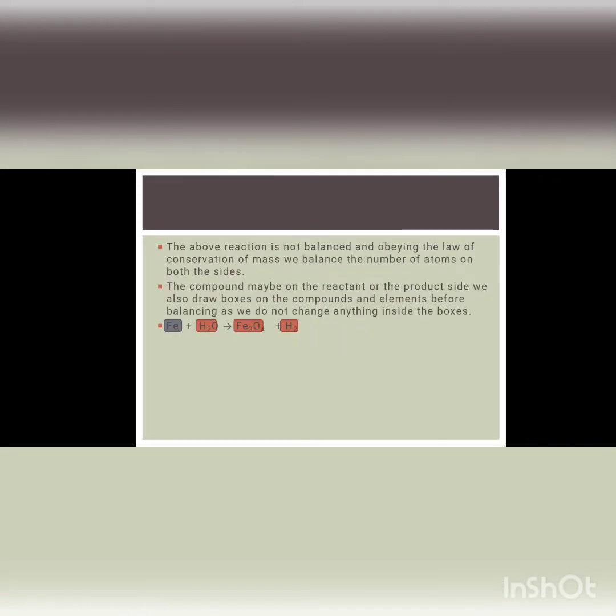The above reaction is not balanced, and since we have to obey the law of conservation of mass, we will balance it by the number of atoms on both sides. The compound may be on the reactant or the product side. What we will do first is draw boxes around the elements or compounds so that we do not make any change in the formula.